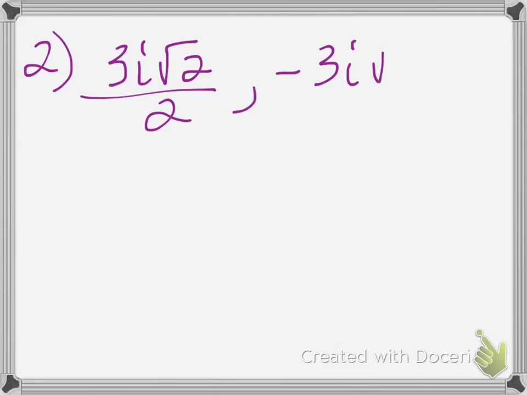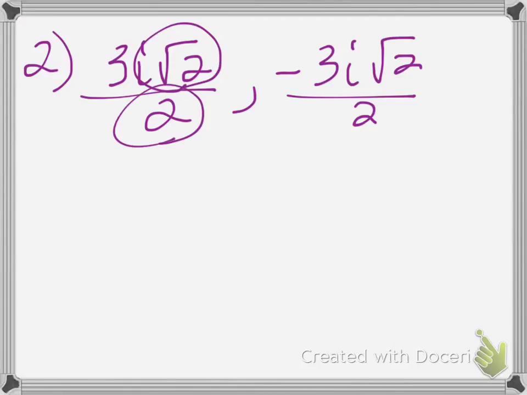So number 2 here, I have 3i square root of 2 all over 2 and negative 3i square root of 2 all over 2. So one thing we can look at in working backwards is the one big trigger, I guess you could say: I see a square root of 2 and I see a 2.